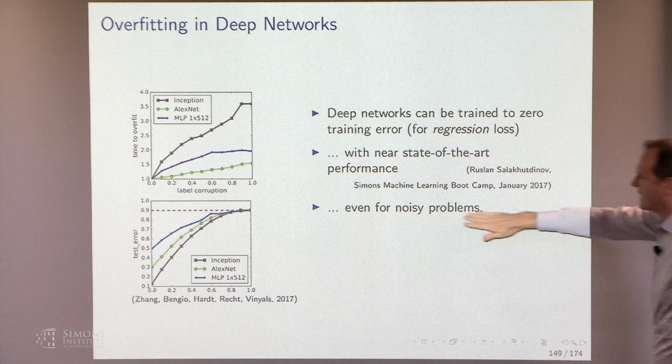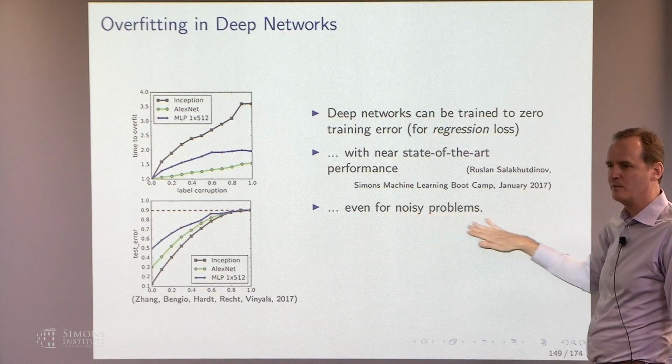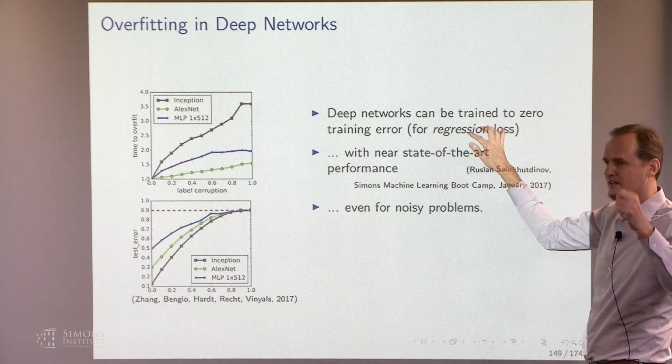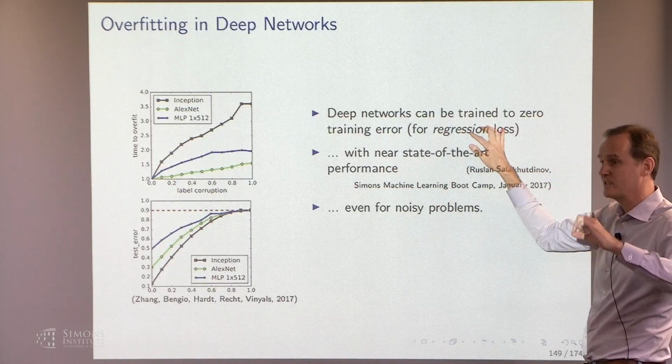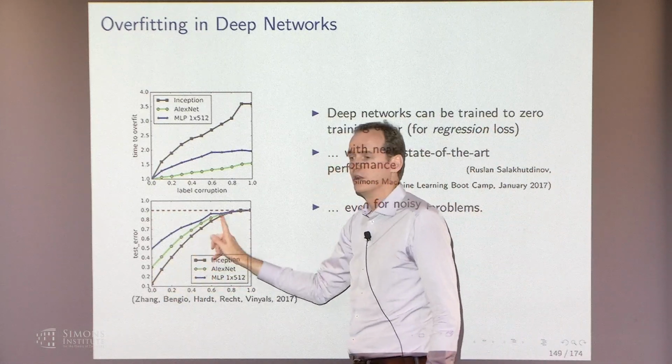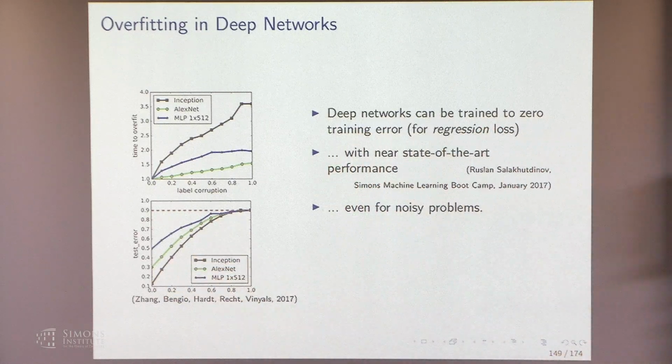You know that you've injected noise into the problem, right? You're then coming up with 0 regression loss, so fitting the labels exactly, these noisy labels exactly, and you're still getting pretty good performance when you do that. Okay, so that's extraordinary. You're taking that noise and putting it into the parameter somewhere in a way that doesn't seem to hurt.